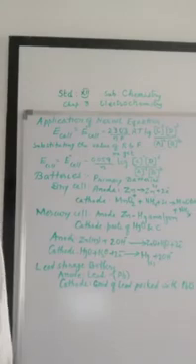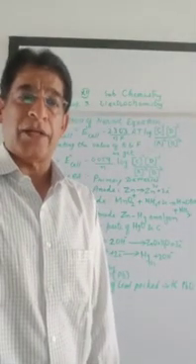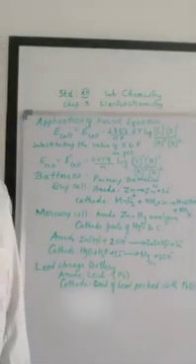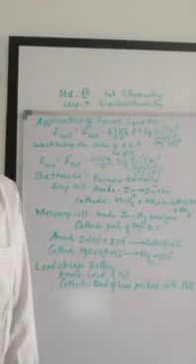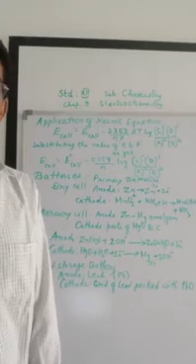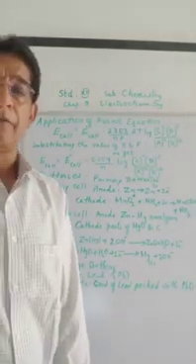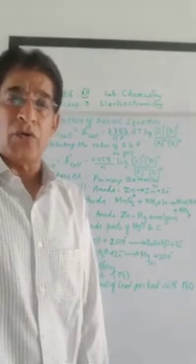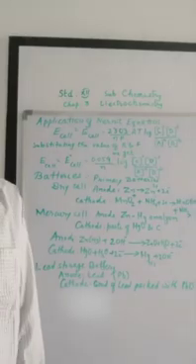Reaction at the anode is zinc gives zinc ion plus electron. At the cathode, the reaction is MnO2 plus NH4+ plus electron gives MnO and NH3.